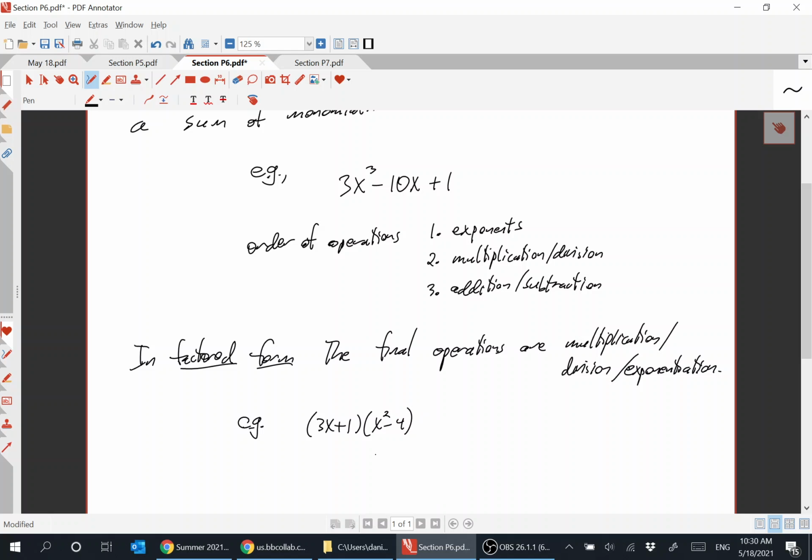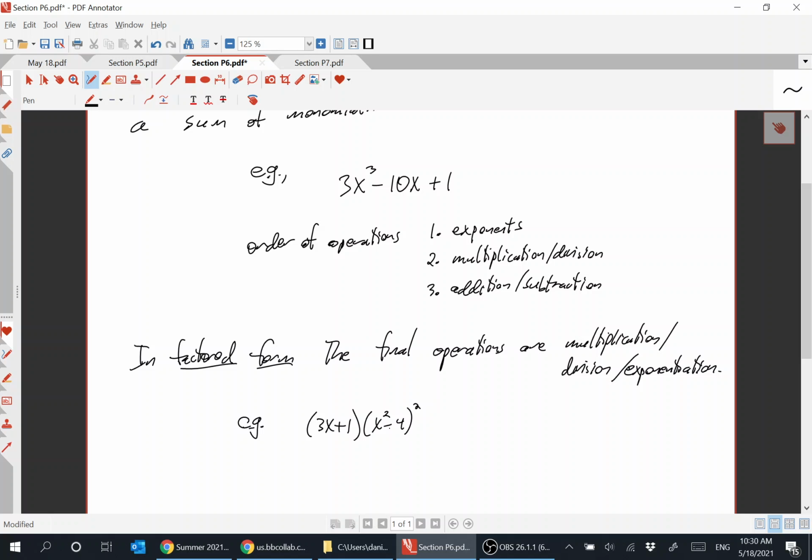Okay. Squared. Put it up here. Okay. The final operations here are multiplication and exponentiation. This multiplication here and this exponentiation there. All right. There is addition and subtraction, but they're inside the parenthetical expressions.